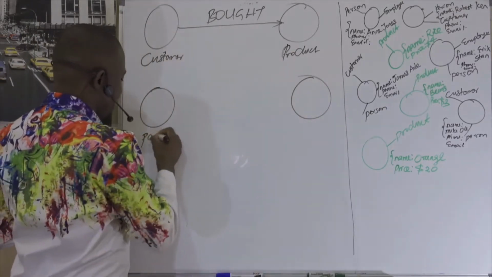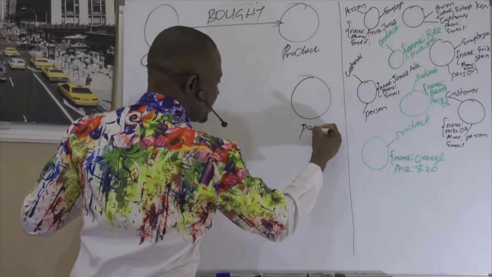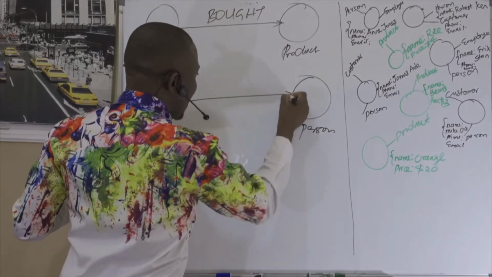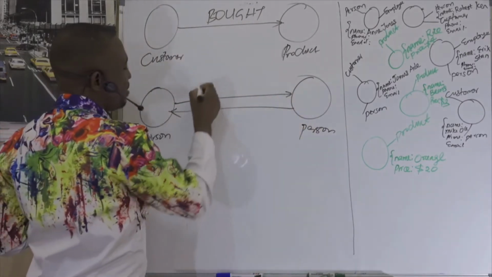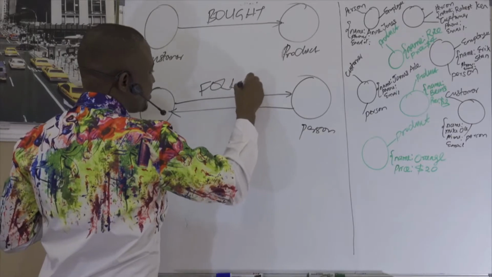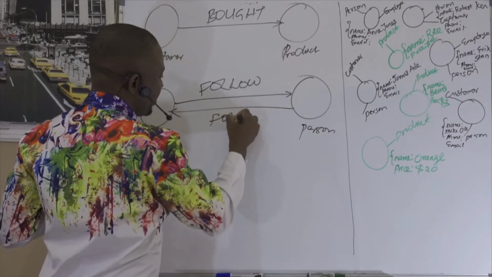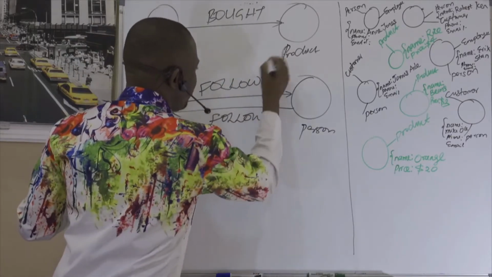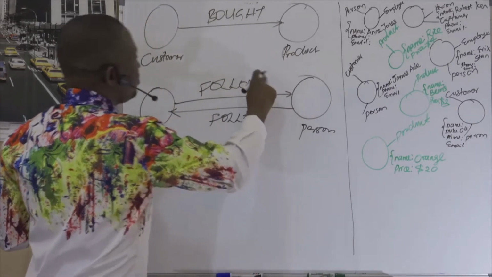This is a person. This is a person. This guy follows this guy, and this one also follows this guy. Follow both ways. You can say follows or follow, whatever. Okay, let's just say follow.